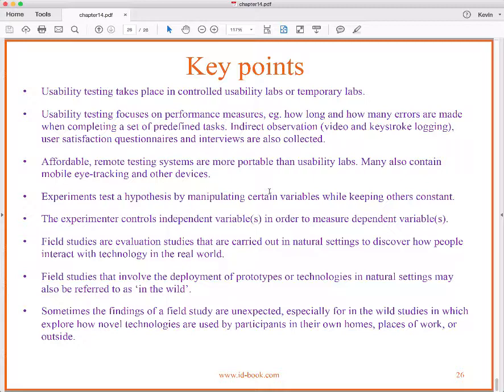Usability testing focuses on performance measures. And the kind of things that we're able to measure is how long and how many errors are made when completing a set of predefined tasks. How do we do this? Well, we do this by indirect observation, user satisfaction questionnaires, and interviews.